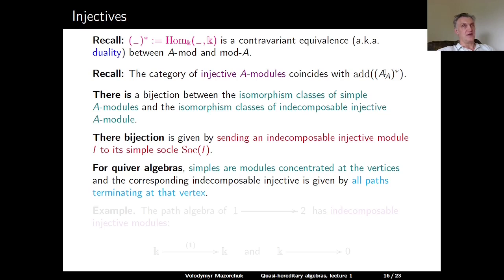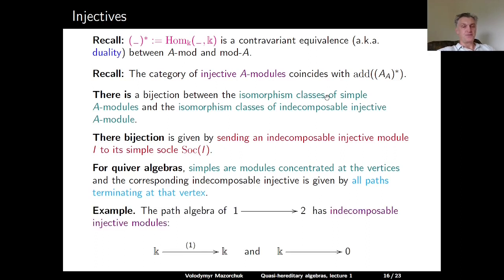We should take the right regular module and take its dual. It's not totally trivial how to write down such a module, so we need to take the right regular projective, go in the opposite direction for the arrows, and then take the dual module. For example, if we consider the same quiver as before, two vertices 1 and 2, and one arrow between them, then we have two indecomposable injective modules.